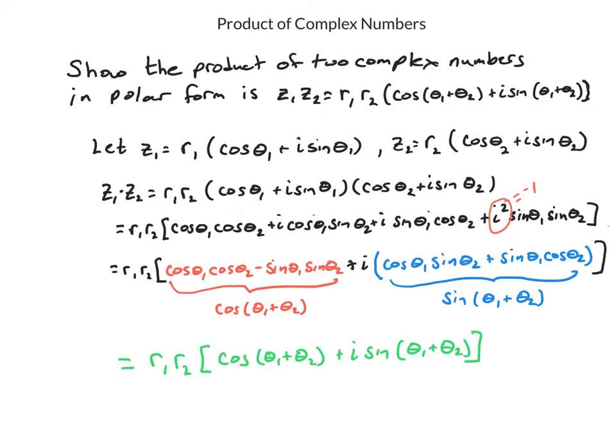I pulled out the common factor of i on the other two: i times the cosine of theta 1 sine of theta 2 plus sine of theta 1 cosine of theta 2.